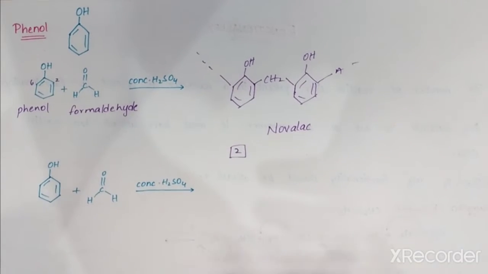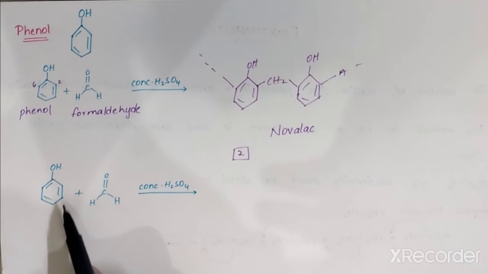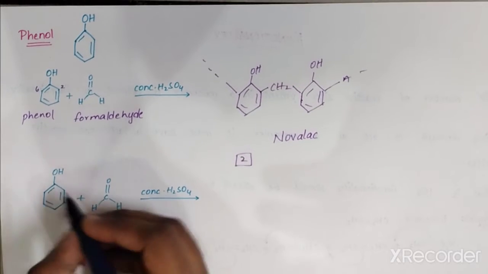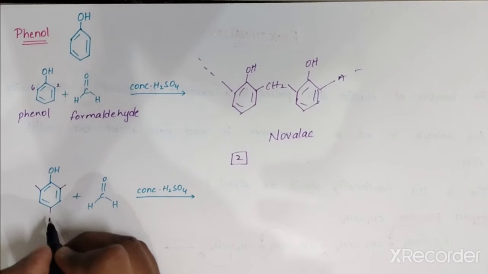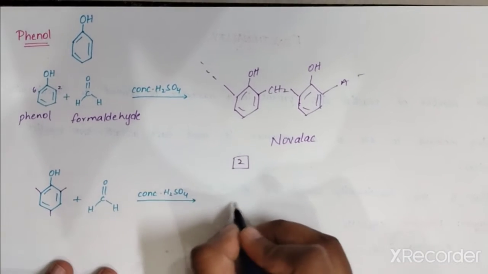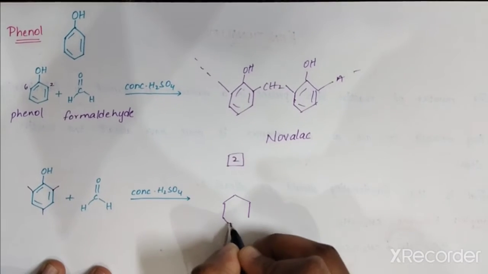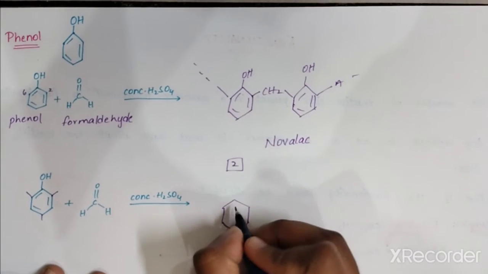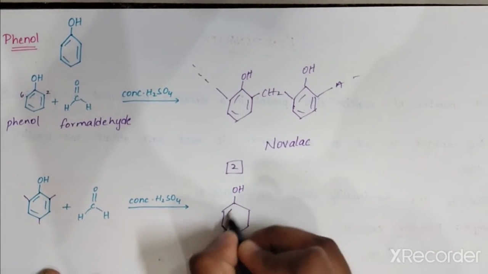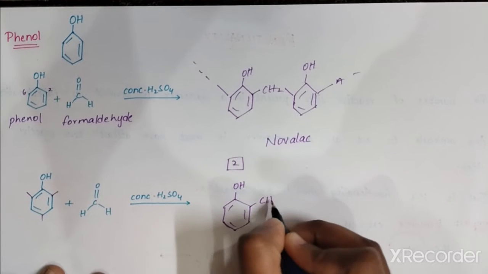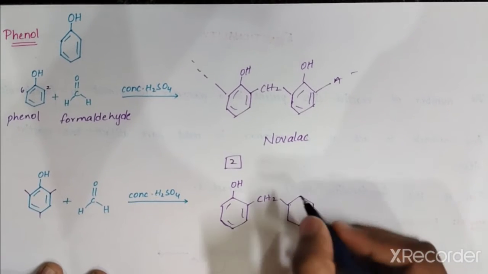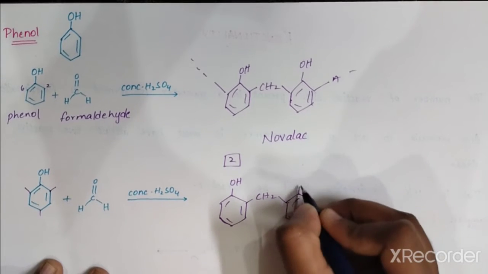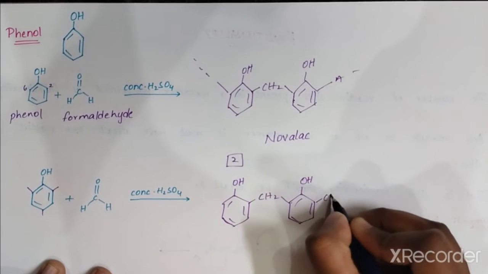Now we will see how the functionality of phenol is 3. Here the formaldehyde will be connected to the ortho positions and even the para position. We will see how it is. Here first the CH2 will be formed in the ortho position. Phenol and CH2.